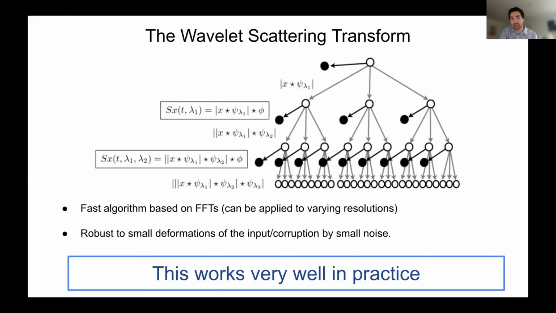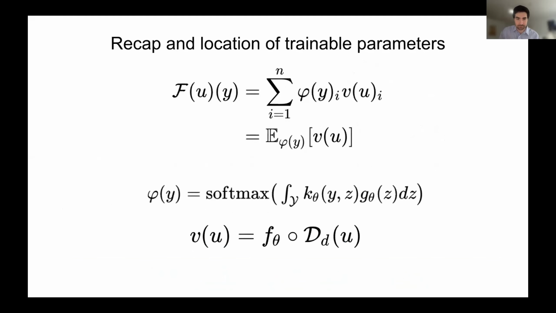But it is still a bit of an open problem whether there's a version of that kind of statement that could be used with the scattering transform. But as I said, at the end of the day, practically this gives the best performance. So we chose to use it and kind of run with it and see what we can do.